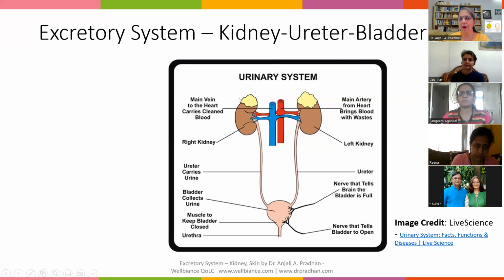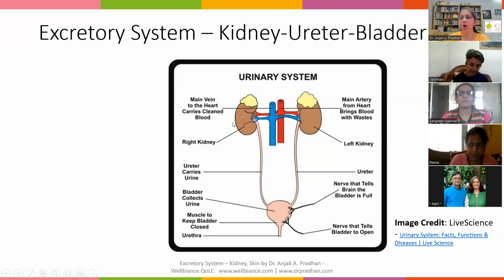Okay, and above the kidneys are the suprarenal glands. Suprarenal are endocrine. कुछ याद आ रहा है? Adrenal glands, suprarenal glands, and these kidneys are bean shaped.